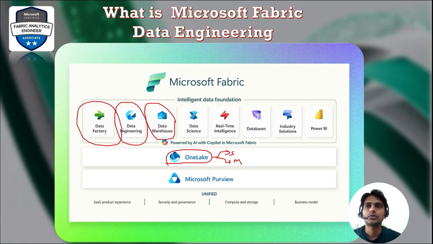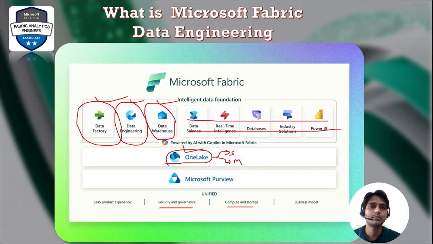Obviously we are not looking into any of the other concepts, but we are interested in these topics for the data engineering certification predominantly. We will also cover the understanding of security, governance, and compute and storage aspects. All these will be covered, and this is what Microsoft Fabric data engineering is, right?